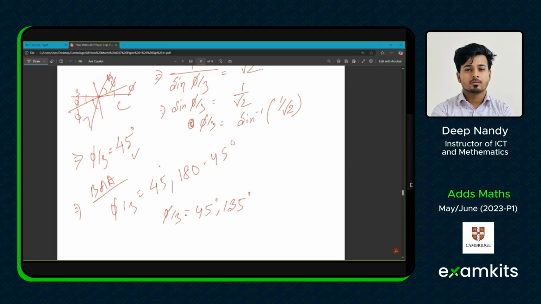This is the value we have taken for positive. Now as we have 1 by root 2, there is a plus minus sign here. As we know, if we root some values, we get plus minus values. So the values of 5 by 3 are 45 and 135.